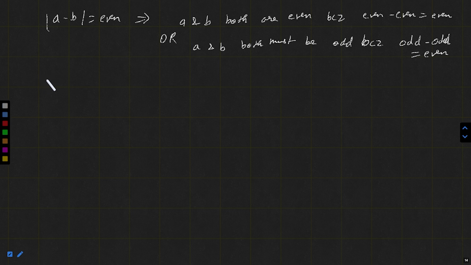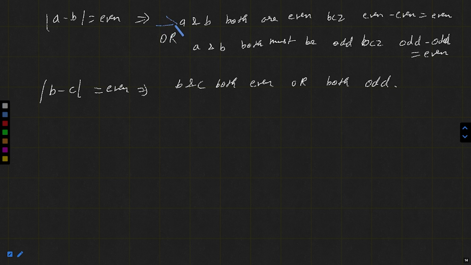Same with the case of b - c. This implies b and c are both even or both odd. So if you pick the condition that a and b are both even, which condition do you get?